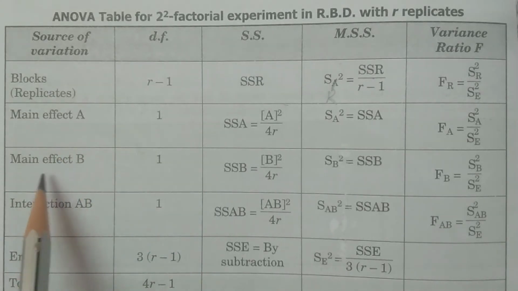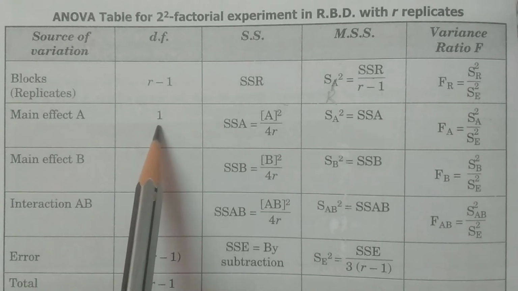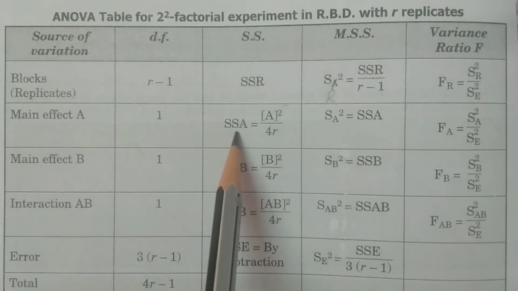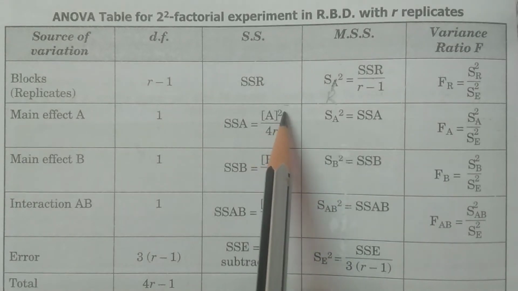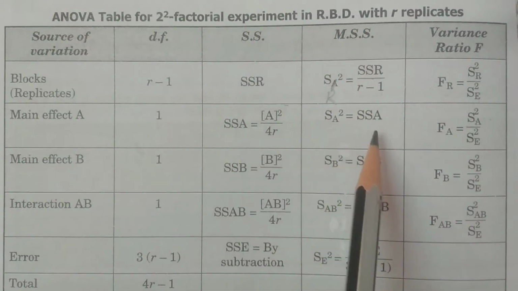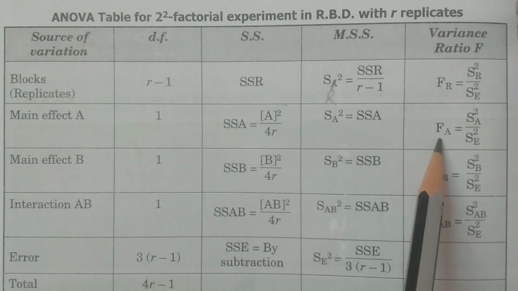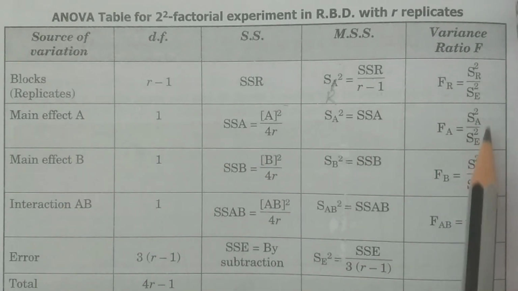For main effect A, the sum of the squares SSA is equal to A square by 4R, that is total square divided by 4R. Then the mean sum of squares S square A is equal to SSA. FA, the F ratio for main effect A, is S square A by S square E, which follows R minus 1 and 3 into R minus 1 degrees of freedom respectively.